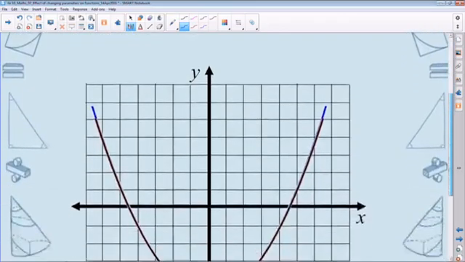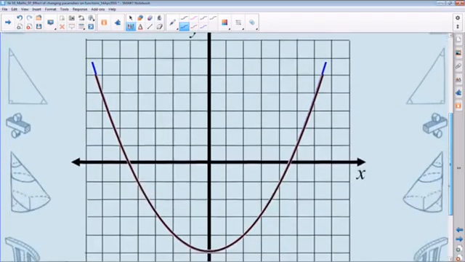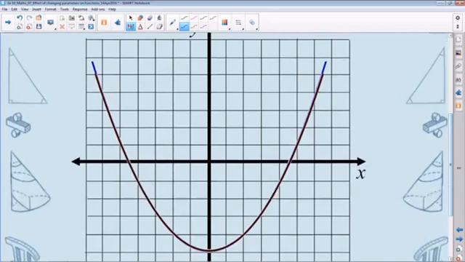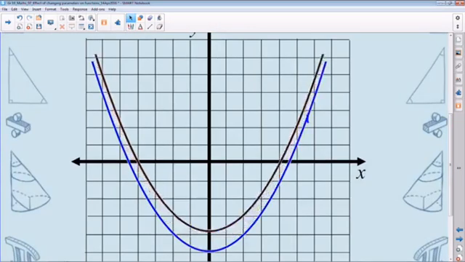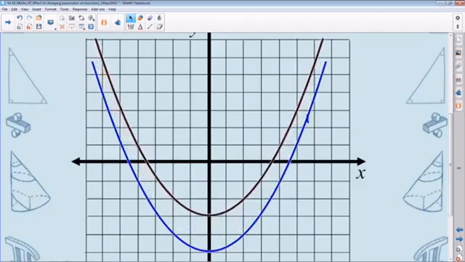So, what is happening is, I'm going to have this graph now moved. Can you see? It's moved up 2 units, okay?